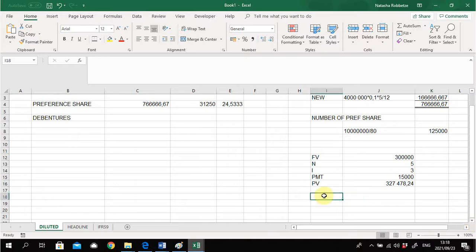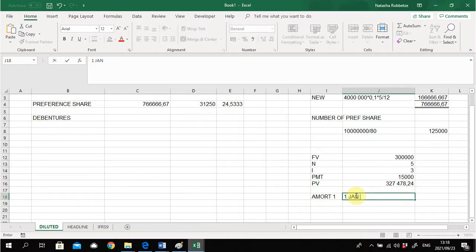Then I look at amort number 1. So amort 1 represents 1 January 2020 to 31st December 2020 according to the dates listed in additional note number 1.